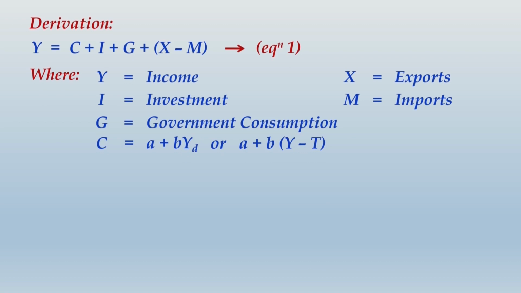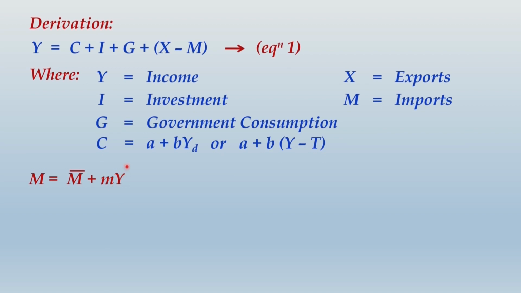Thereafter the variable import will be having 2 types of imports. One is the autonomous constant import, and another will be import as a function of your income, that is M into Y. So this small m will be the proportion of your income that you are spending for imports.